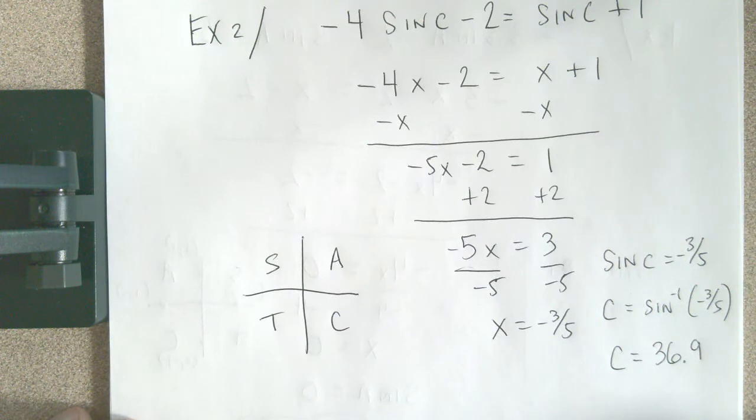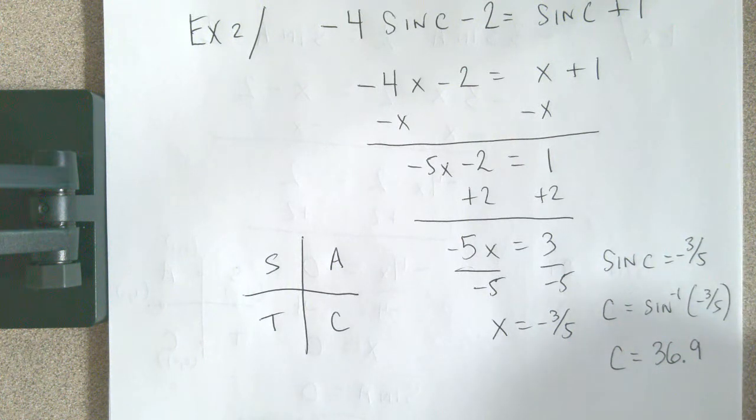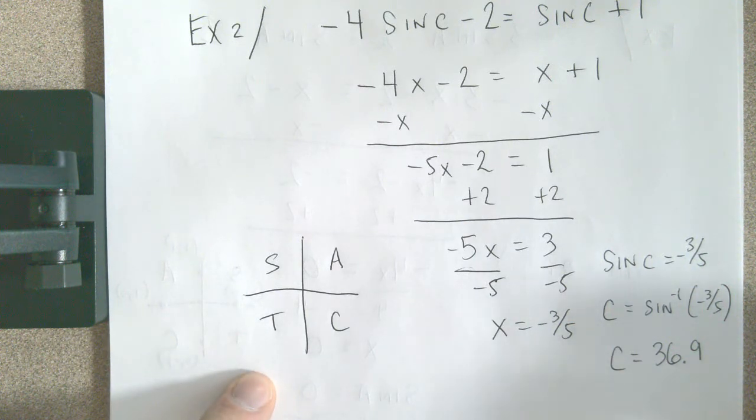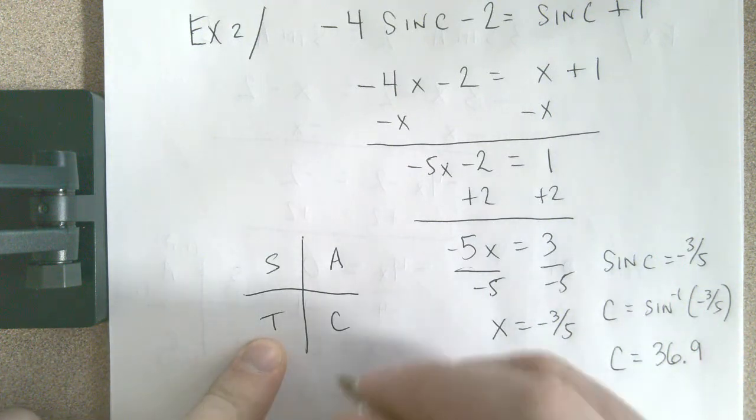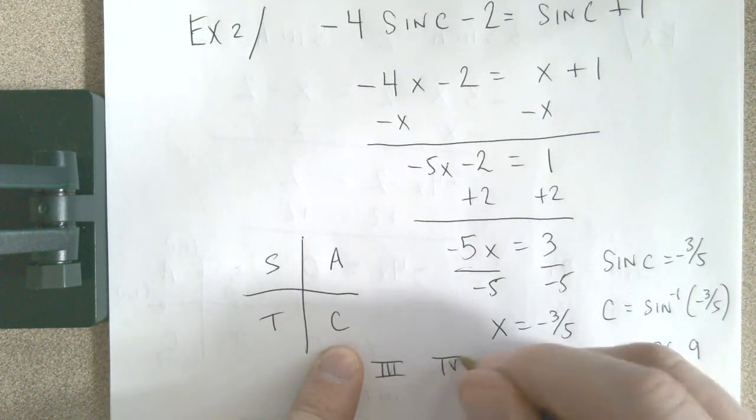So in which quadrants is the sine going to be negative? Hopefully you recognize that it's going to be negative in both the third quadrant and the fourth quadrant.